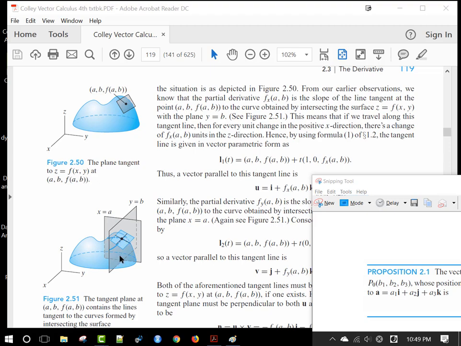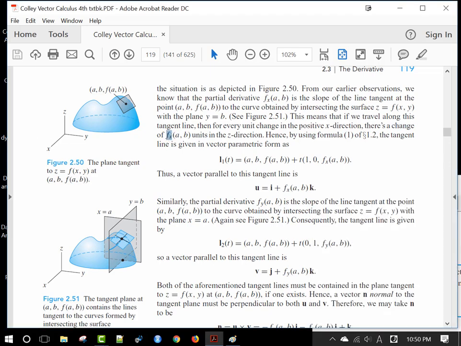But we know that if we move 1 unit in this direction, what did we mean by the partial derivative with respect to x? That is the slope as we move 1 unit in the x direction.